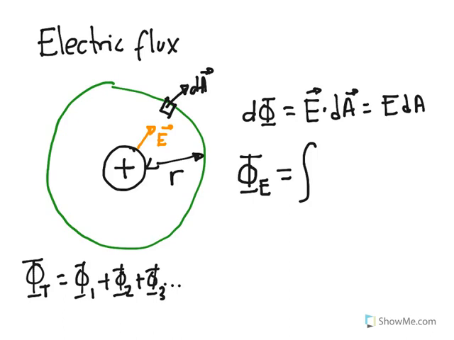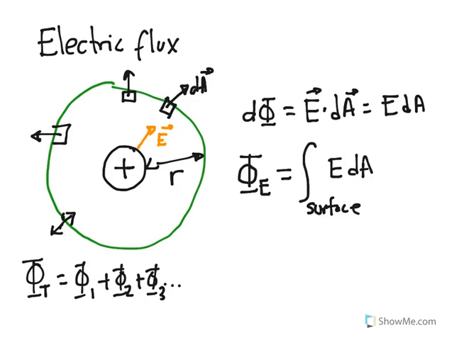But if we are working with small pieces, then I am going to do the integral over all the surface of E dA, and this gives me the sum of all the contributions of small pieces that this imaginary surface has.